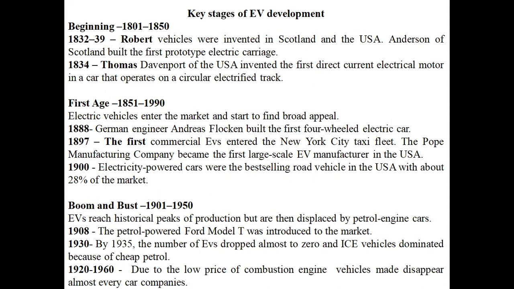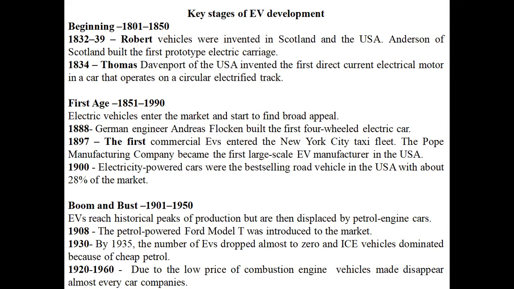Next one we call the first age. The duration is 1851 to 1900. Here the electrical vehicle entered the market and started to find broad appeal. In the year 1888, the German engineer Andreas Flocken built the first four-wheeled electrical car.